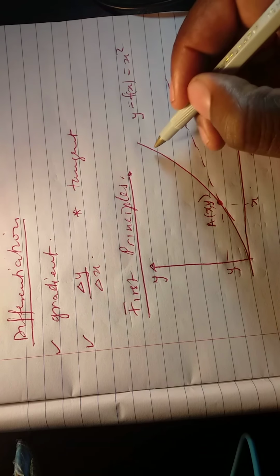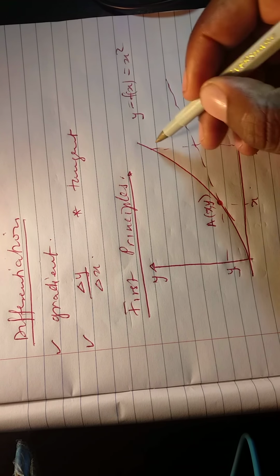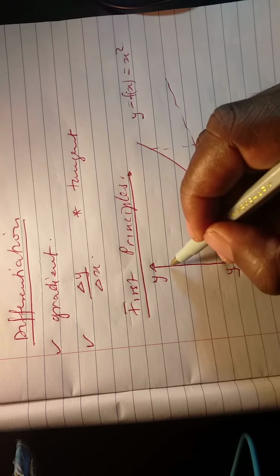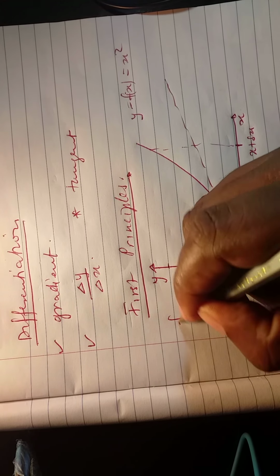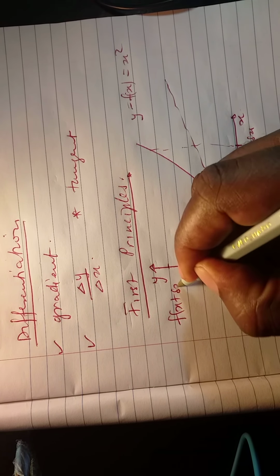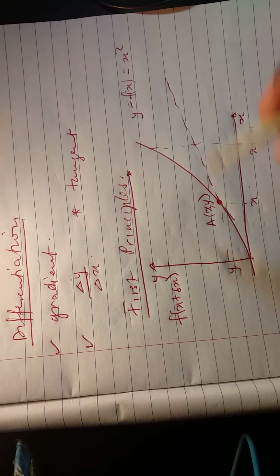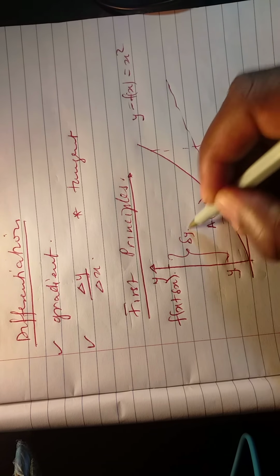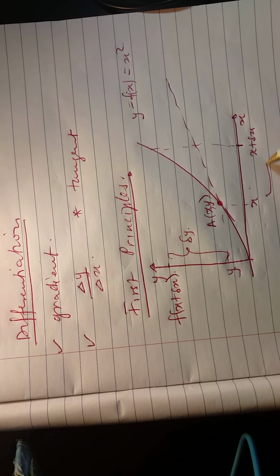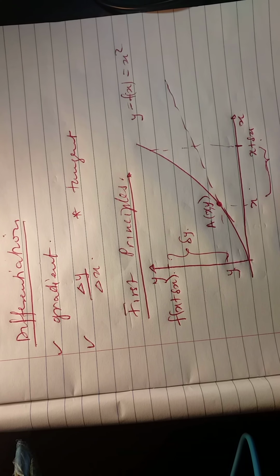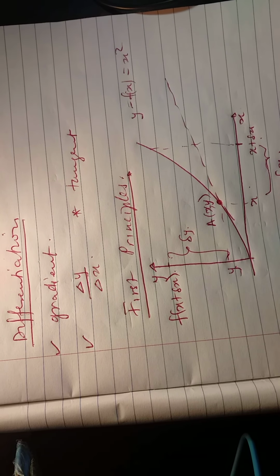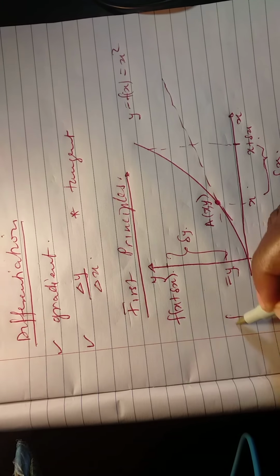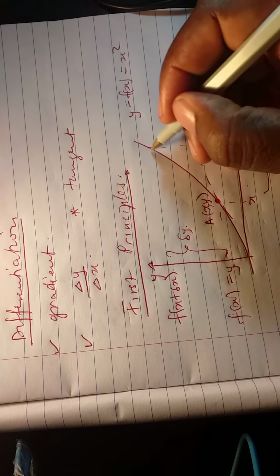This will automatically increase my value of y at this point to, I'll call this f of x plus delta x. So this is the increase in y, and this is my increase in x. Okay, so this is f of x. So this is the graph that we're having.